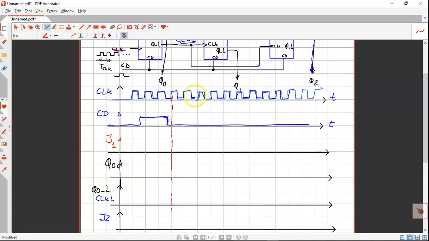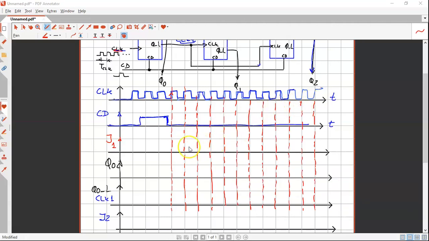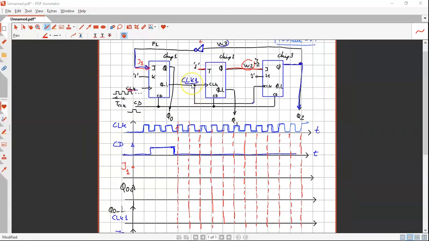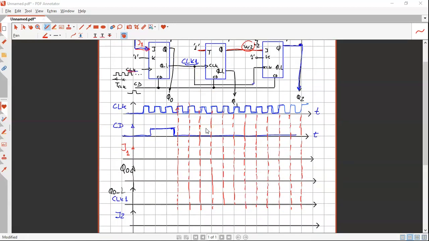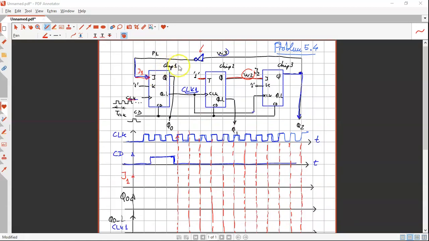So you can go like that, because this is, yes, the first rising edge, and the second, and all of them, right? So, but be aware of this. You are marking vertical lines, you know, instants of time that do not go the same for all the flip-flops. Be careful. The ones that you are marking here in red attain only the chip 1, right?